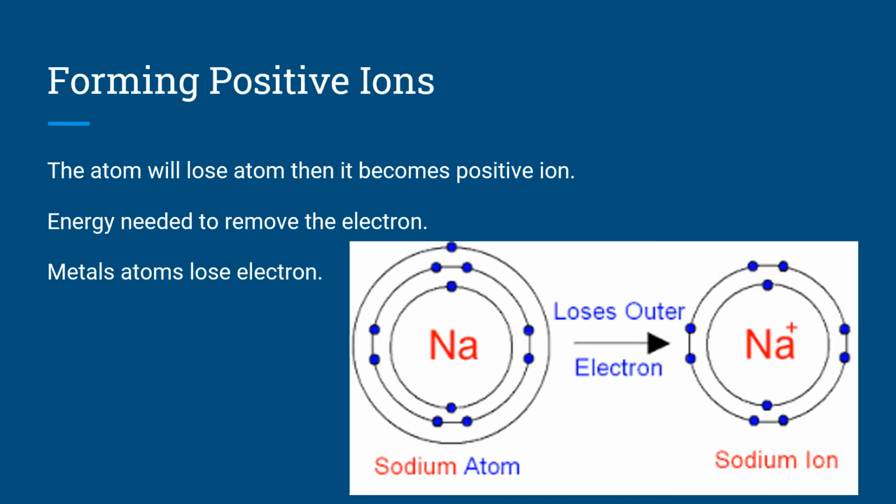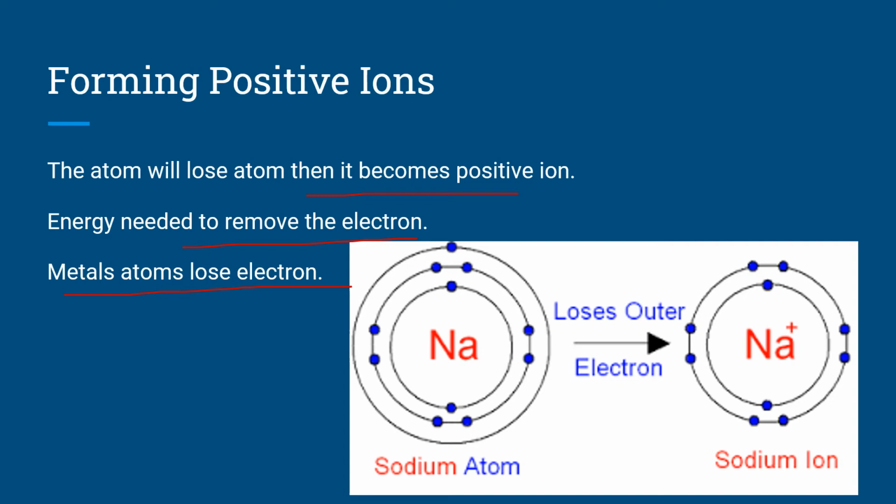So let's speak about forming positive ions. The atom will lose electrons, then it becomes a positive ion. Energy is needed to remove the electron. Metal atoms lose electrons.